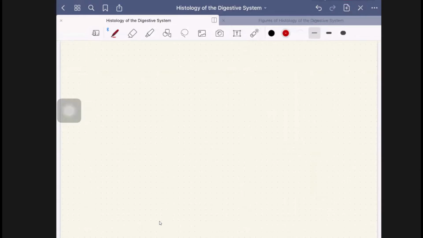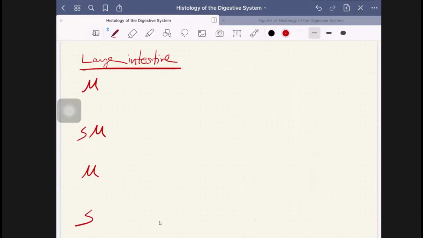Now, large intestine. So again, we will discuss like this: mucosa, submucous layer, muscle layer, and serous layer. In the large intestine, we will not find any villi. So no villi, that's the main feature.